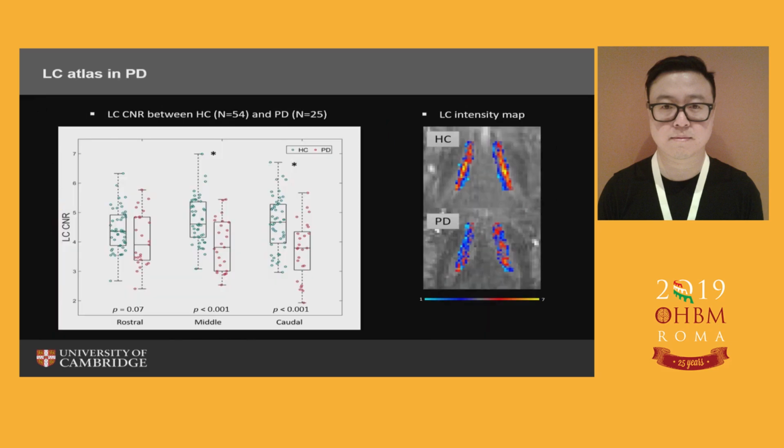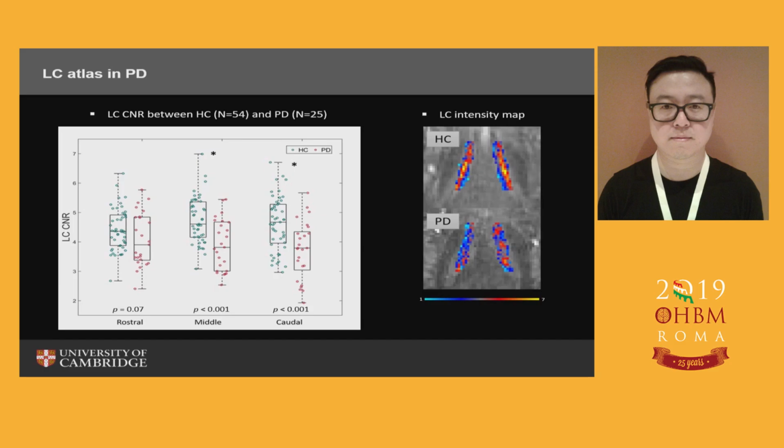We also extended our study to include more PD patients. Our preliminary results showed that the group difference of LC contrast is most evident in the middle and the caudal subregions. Moreover, here I'm presenting an example of how to use this atlas to generate this LC intensity map.